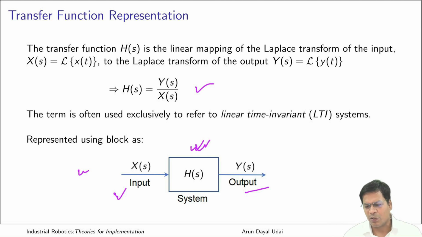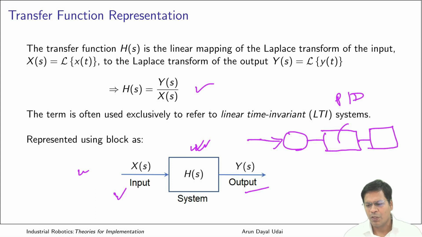Let us say you have a closed loop system. Here goes your input, you have a comparator, and a controller over here. This can be a PID controller. This gives an output to the robot. The robot gives you an output, and finally that output is sensed. Then you have a feedback line that comes here and goes to the comparator. So you have a signal that comes here, that is the desired input.